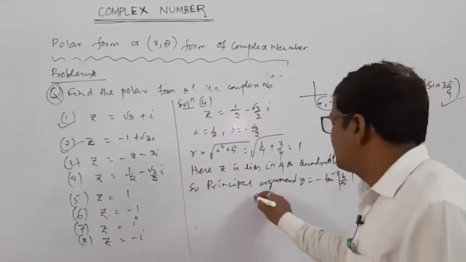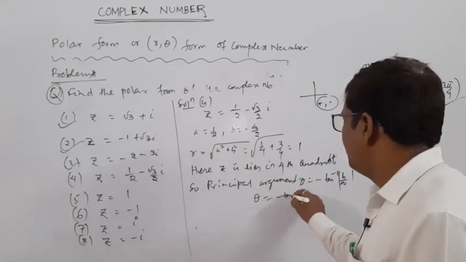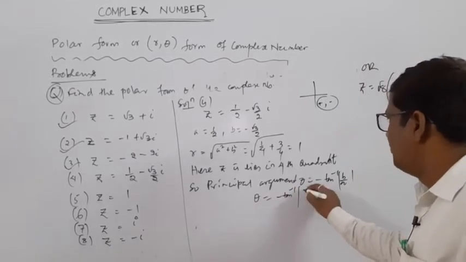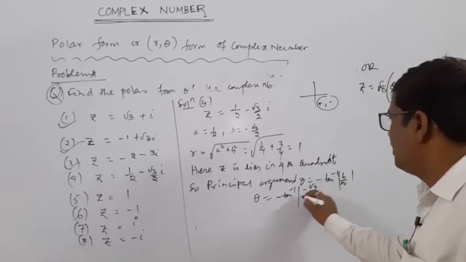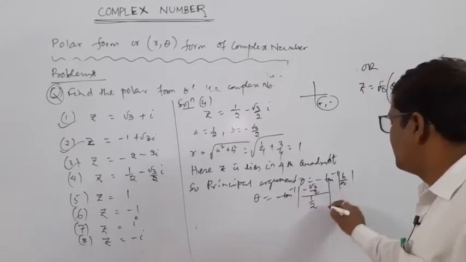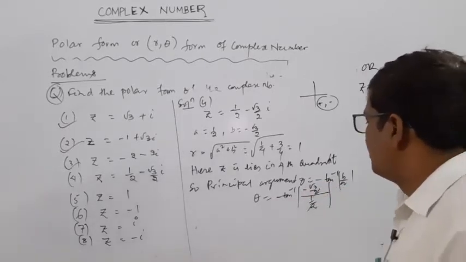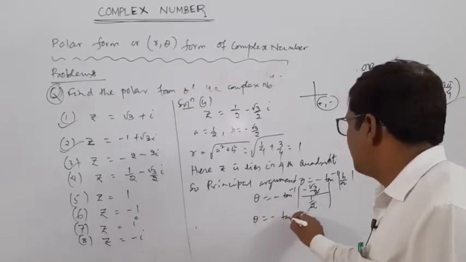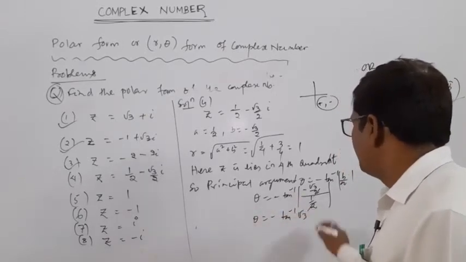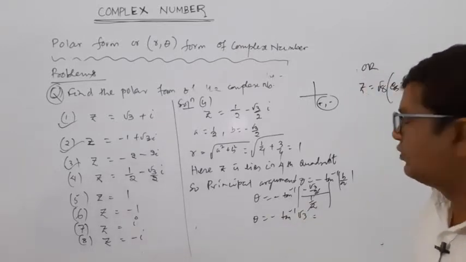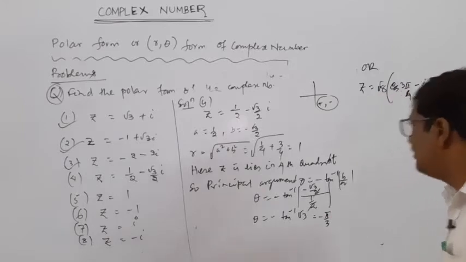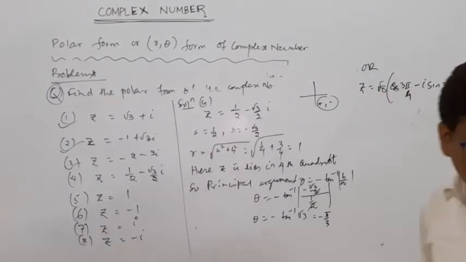So theta is equal to minus of tan inverse of mod of minus root 3 by 2 divided by 1 by 2. Cancel 2, and theta is equal to minus of tan inverse root 3, which is equal to minus pi by 3. This is the principal argument.